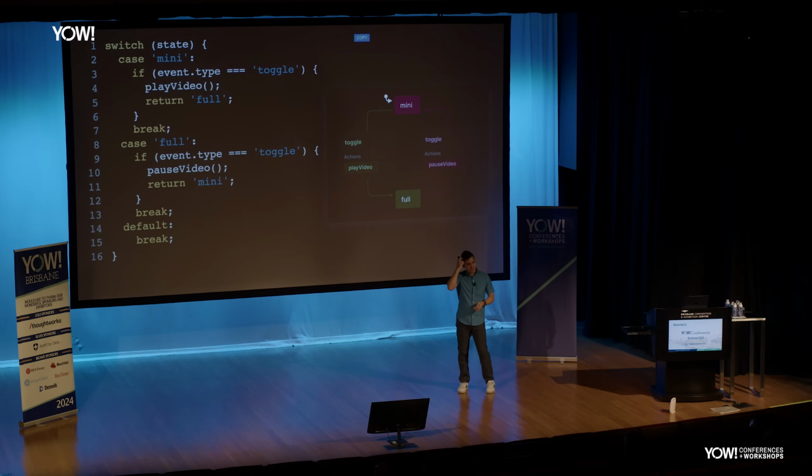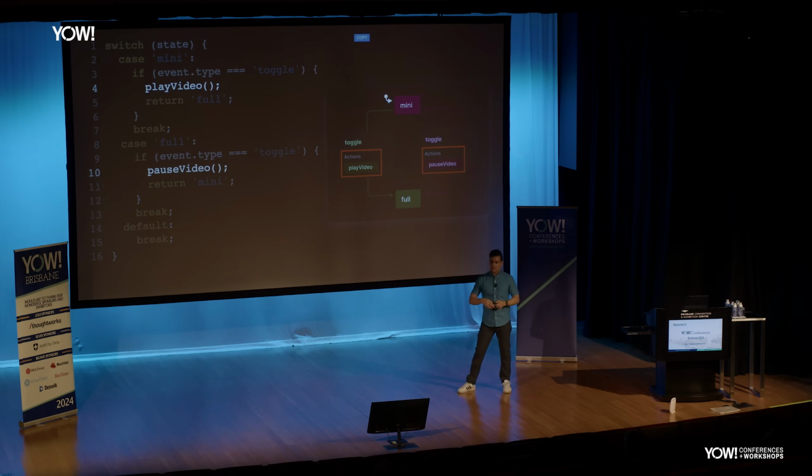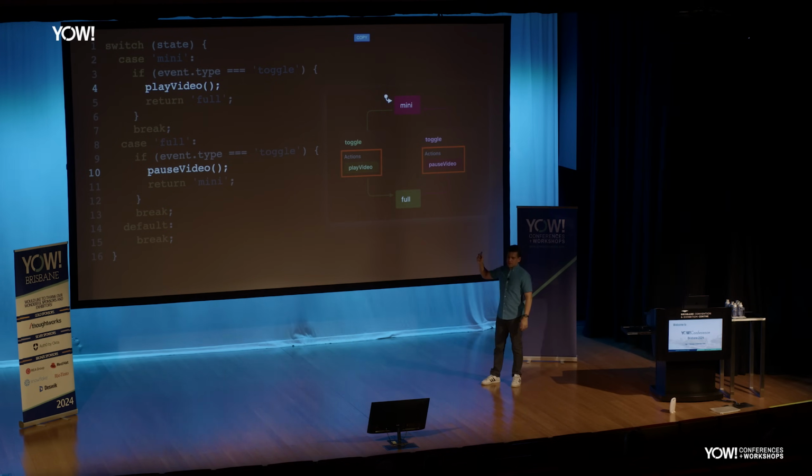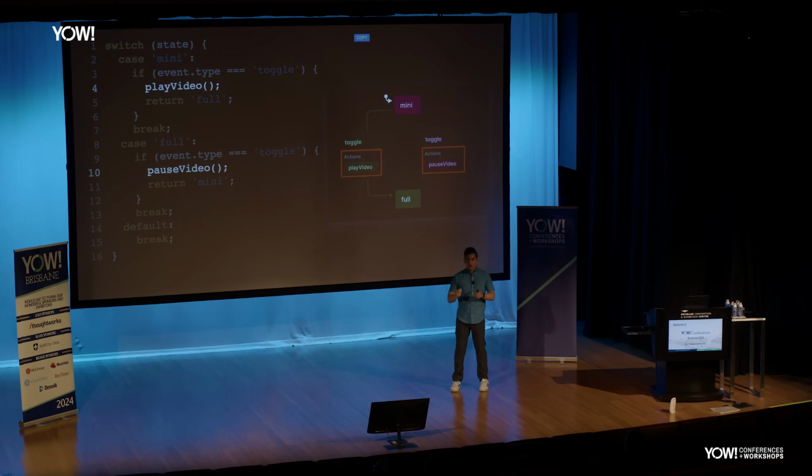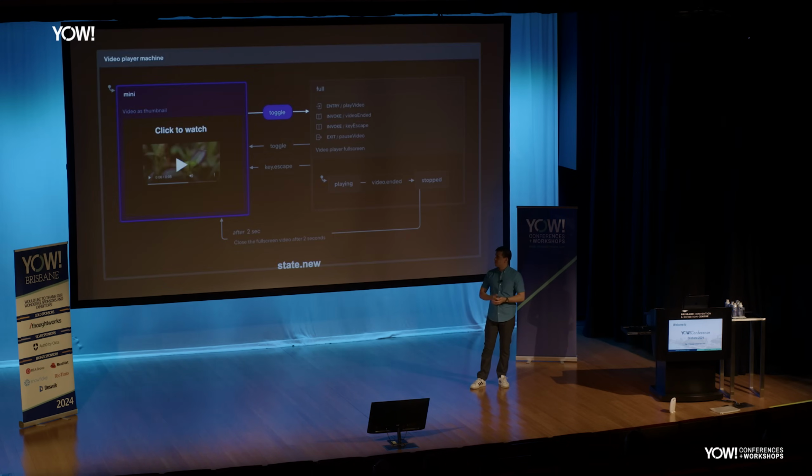State machines, like I mentioned, also allow you to declaratively represent effects, such as if we're in the toggle state, we want to play a video, and if the toggle action happens, we play a video, and if we toggle from the full screen, we want to pause the video. So that can be declaratively represented here, instead of what we normally think of as just random things that happen in our code base that are very hard to track. So side effect management just becomes very declarative with state machines.